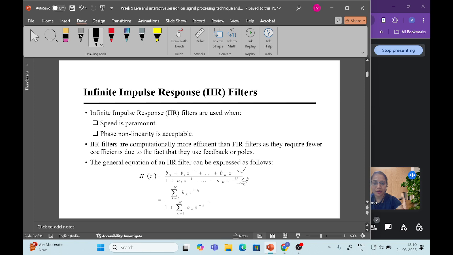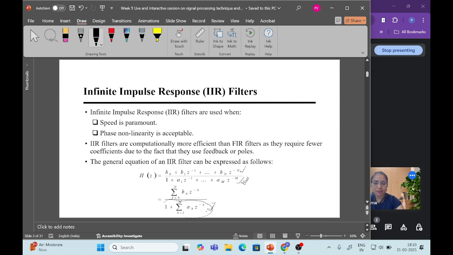In compact form, we represent the IIR filter as the summation of Bk z to the power minus k, with k varying from 0 to n, and in the denominator 1 plus the summation of Ak z to the power minus k. It is written in this form because we use feedback, or we get only poles, so that we are able to calculate poles or use it in the form of feedback.